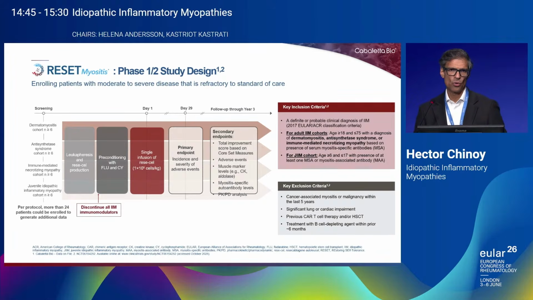This is autologous CAR-T, so the patients receive leukapheresis, then preconditioning with fludarabine and cyclophosphamide, and then a single infusion of their cells. The primary endpoint was day 29, incidence and severity of adverse events. And the patients basically had to come off treatment once they received their product.